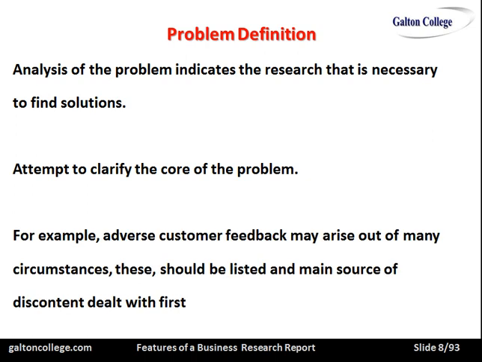For example, let's say there was adverse customer feedback. Now, research into this may indicate that the customers were unhappy about several things, about the design of the product, about the value for money, about after sales service or whatever. Now identify what is the most pressing issue that the customers have come up with.